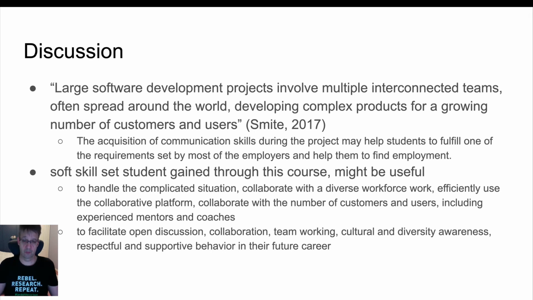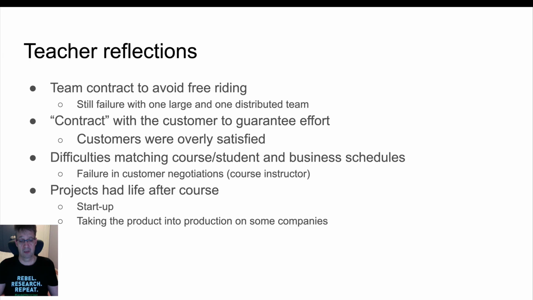If taking a couple of teacher reflections towards the learnings of this capstone and the learning objectives we had for the students, we required the students to sign a team contract. That was to avoid free riding within these larger groups. The groups were 4 to 6 students altogether.